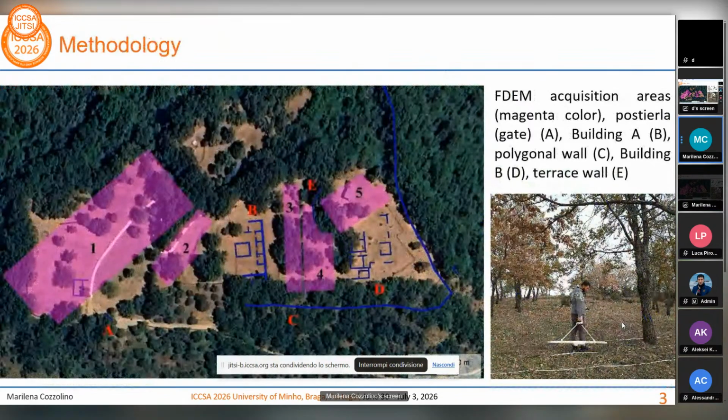The objective of this project was to add knowledge of the site, and in particular to try to understand the extension of the circuit and the internal division of the city. We used a combination of geophysical prospection, in particular frequency domain electromagnetic prospections, and photogrammetry using drones and terrestrial cameras.